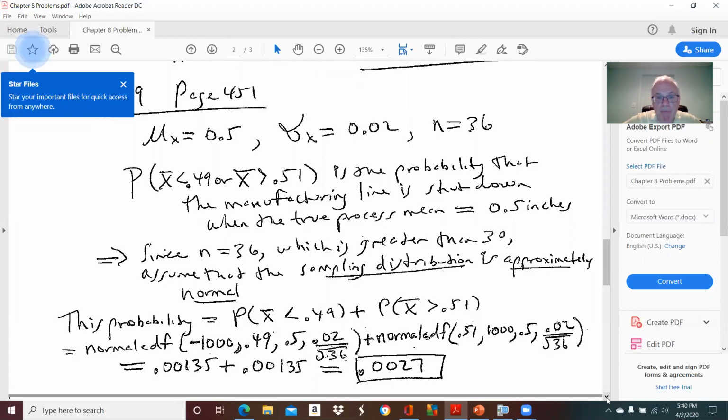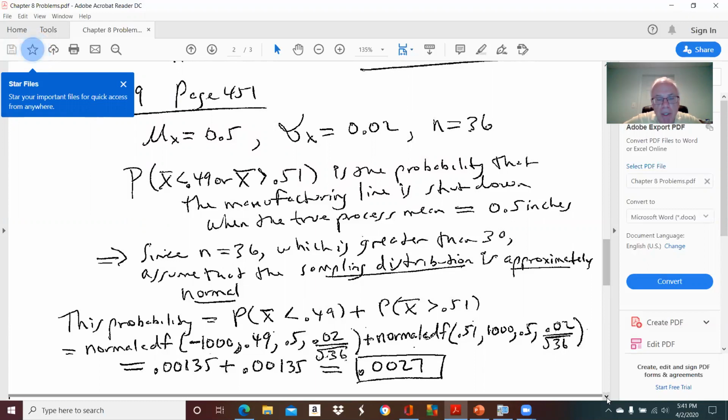We're assuming that the true process mean is 0.5. That's what we mean by being shut down unnecessarily. Since n is 36, which is greater than 30, we can use the central limit theorem to assume that the sampling distribution is approximately normal.